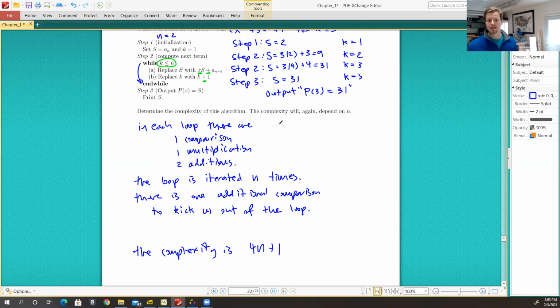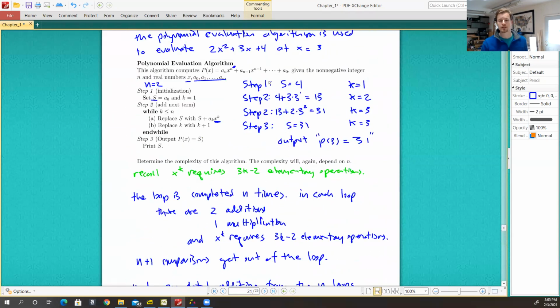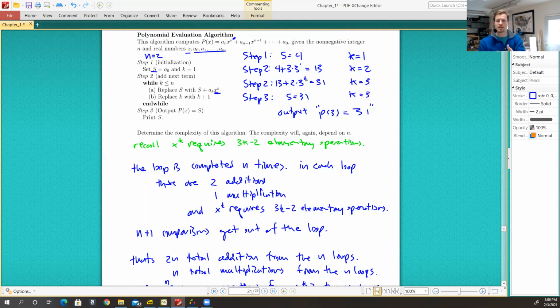So that's it, right? The computation of the complexity of that algorithm was much easier than the last one. And that's incredible, right? They're doing the same thing. In the case of n equal to 2, there were essentially the same number of steps, but these steps technically had more going on.